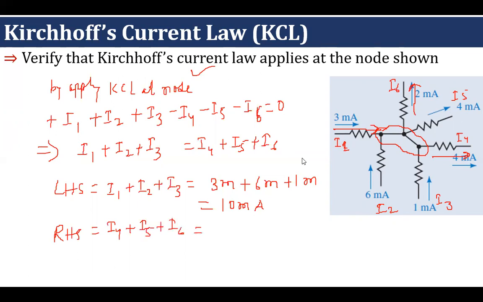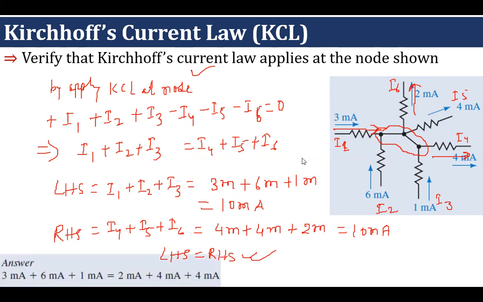I4 equals 4 milliampere, I5 is also 4 milliampere, and I6 equals 2 milliampere. So the summation is 4 plus 4 is 8, plus 2 is 10 milliampere, and so here LHS equals RHS, and hence it is proving the KCL statement. Directly it has been done in this manner.